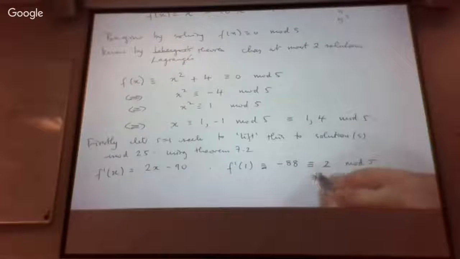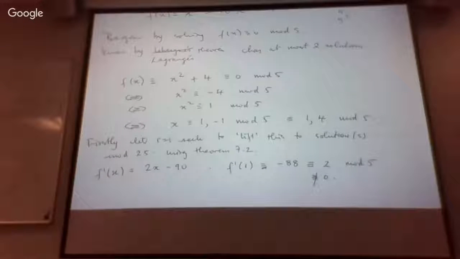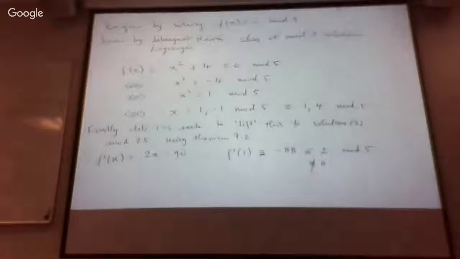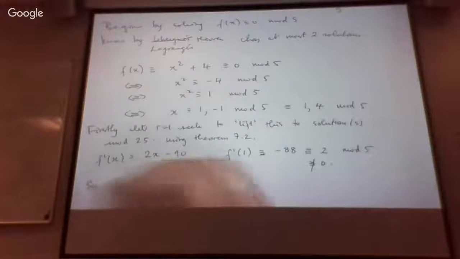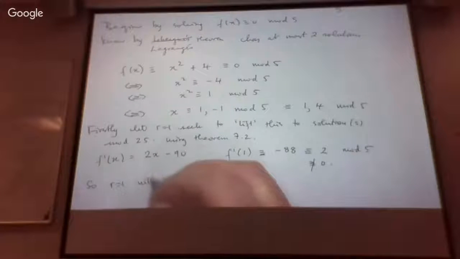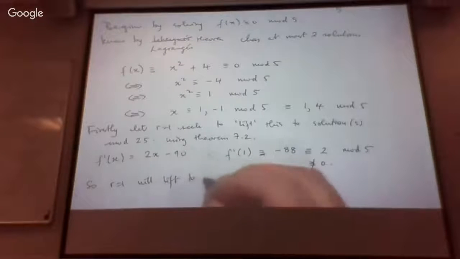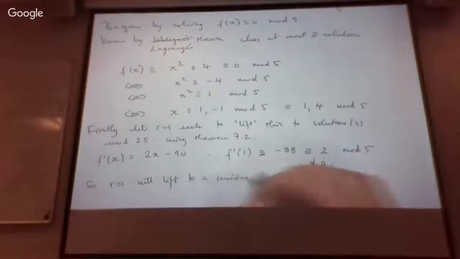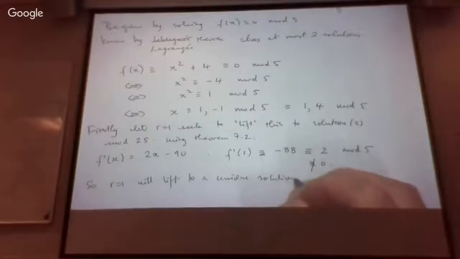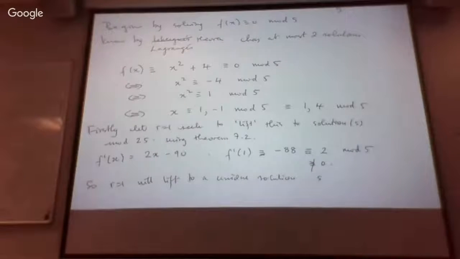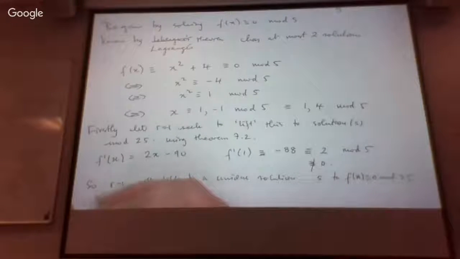So that is certainly non-zero modulo 5. So r equals 1 will lift to a unique solution, call it S, to f of x congruent to 0 mod 25.